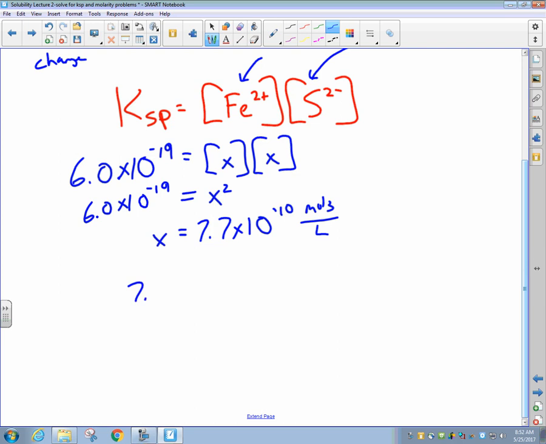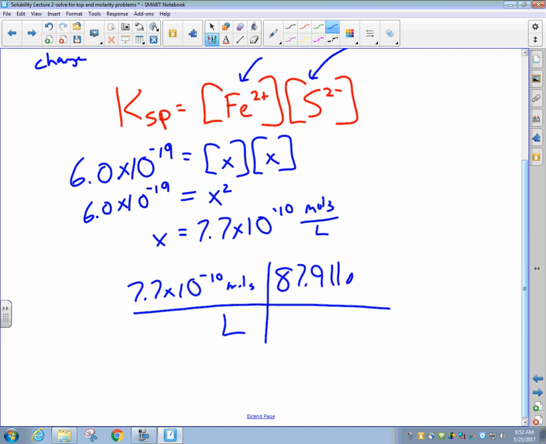So we have 7.7 times 10 to the minus 10th moles per liter. We calculate the molecular mass of the iron 2 sulfide, that is 87.911 grams per mole. We're going to multiply that by that value so that moles cancel out, and we get 6.8 times 10 to the minus 8th grams per liter.